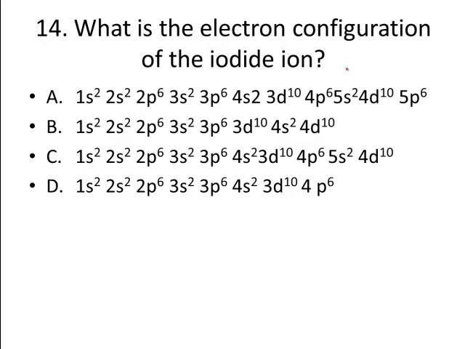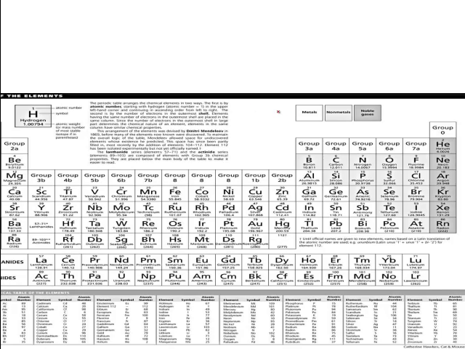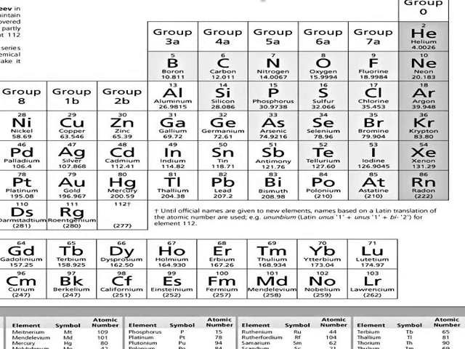Now we have to look at iodine. This is not that difficult, but iodine is way down there in the halogens, so it's going to have a lot of stuff in there. Here's iodine. It's in period 1, 2, 3, 4, 5. It's in 5s. It's going to have a 5s, all that 5 stuff. And it's going to actually look like xenon.